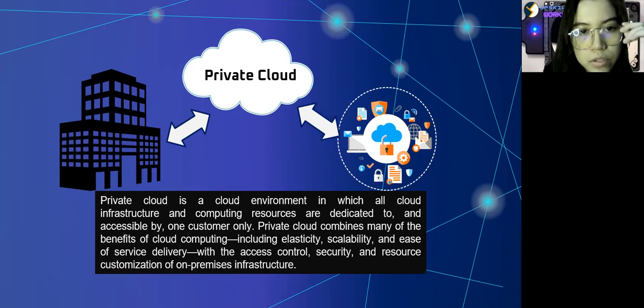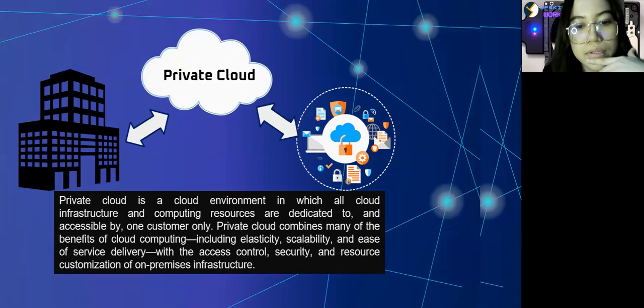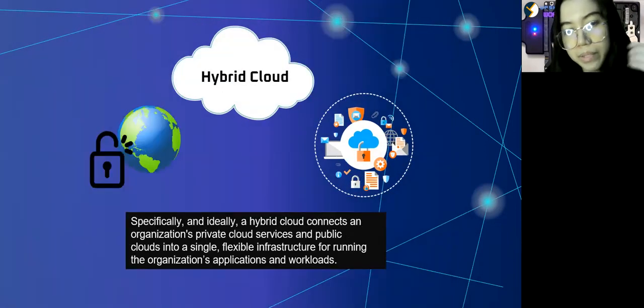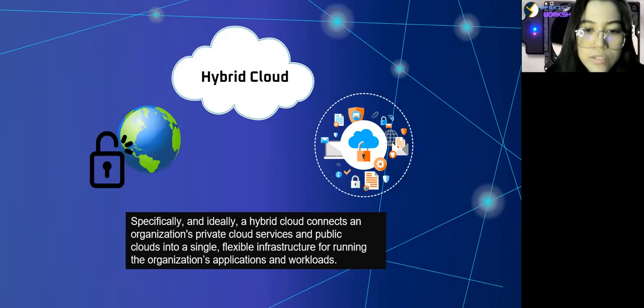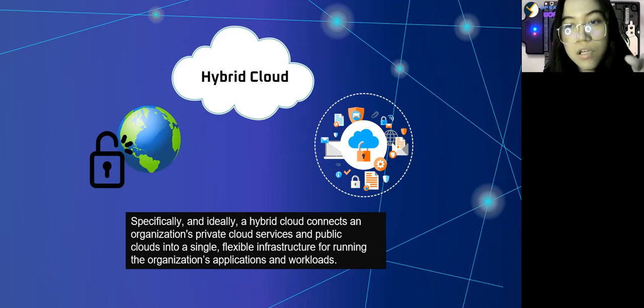While on the third one, we have the hybrid. Hybrid connects an organization's private cloud services and public cloud into a single flexible infrastructure for running the organization's applications and workloads. So it is a combination.